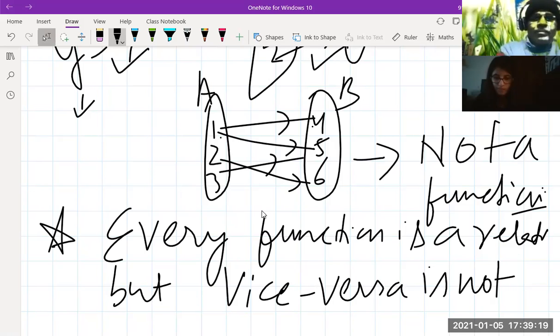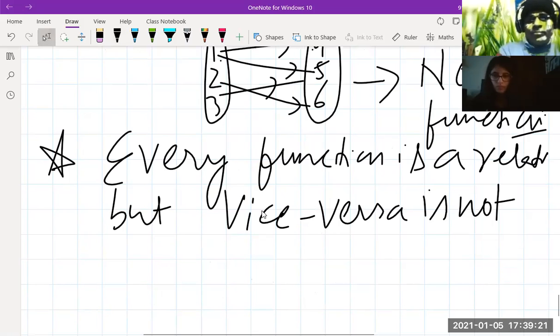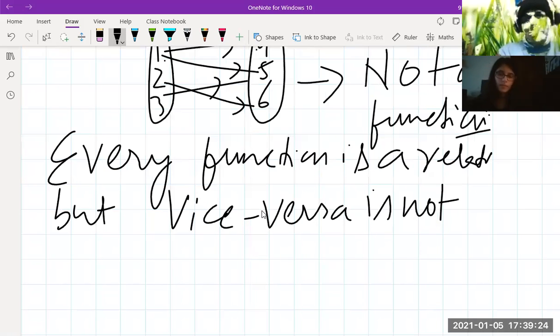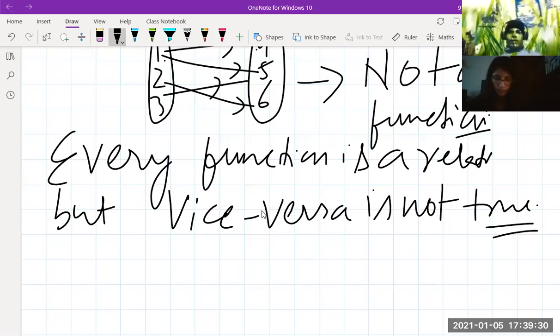Every relation cannot be a function. We cannot say every relation will be a function, but every function can be a relation. Every function is a relation, but vice versa is not true, meaning every relation cannot be a function, right?